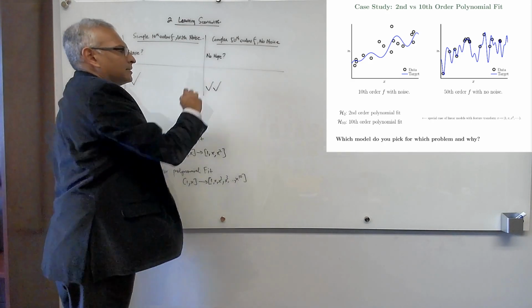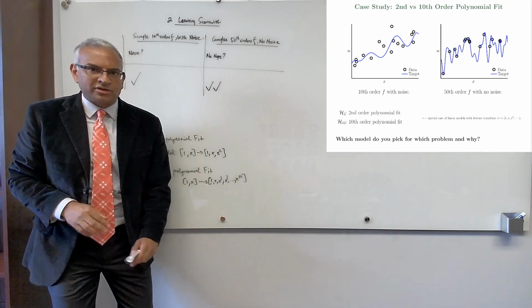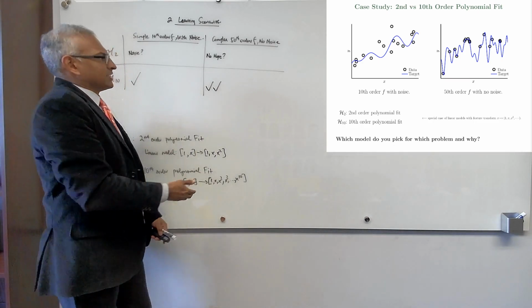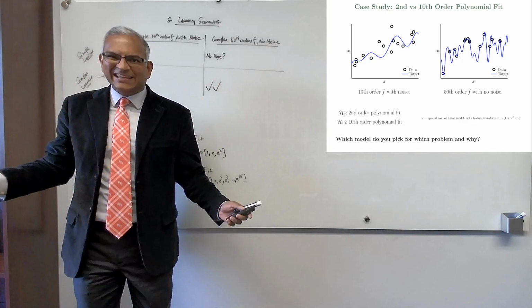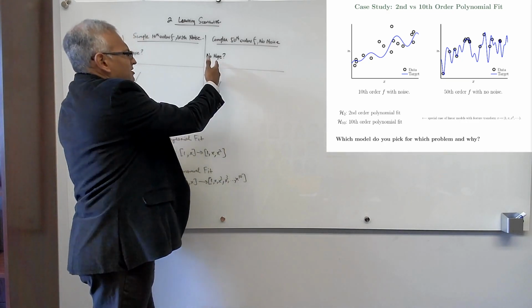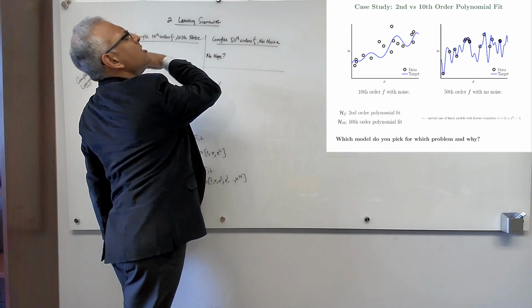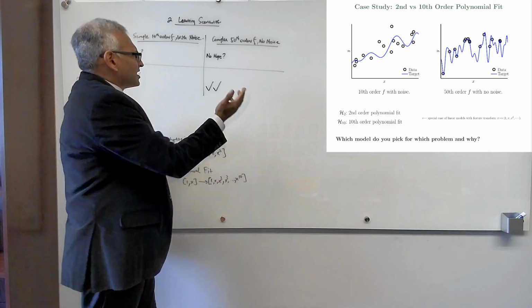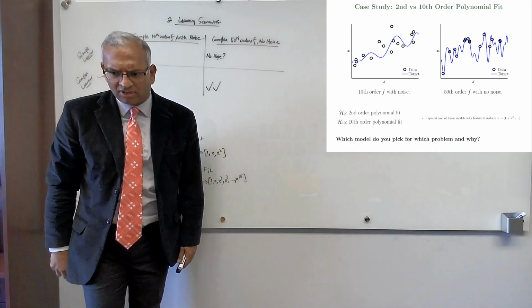And here, the 10th order fit is a no-brainer because there's no noise in the data, so the data is clean, so it's going to give me all the information I need. And why would I go for this second order fit, which has no hope of fitting the 50th order function? Why would I go for that guy instead of the 10th order fit?